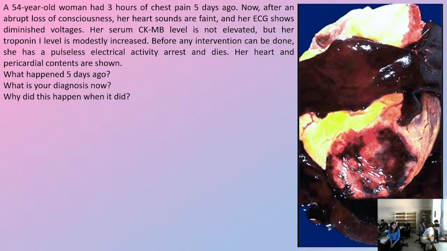This will come after this phase, because macrophages will secrete fibrogenetic factors, and then a scar will be formed there.